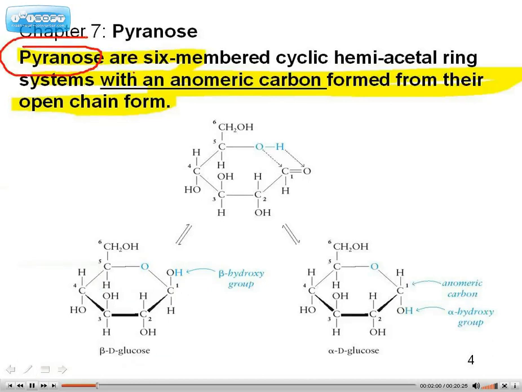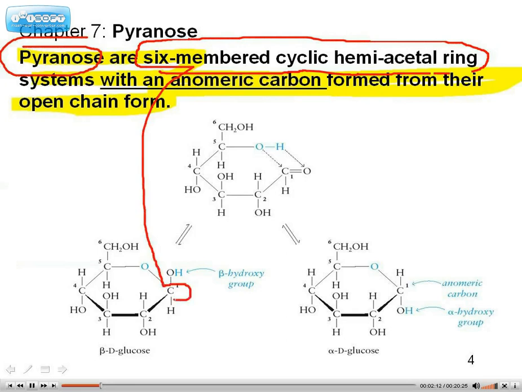Pyranoses are just a general category of six-membered cyclical hemiacetal rings. So if the brand new anomeric carbon is a hemiacetal and there are six atoms in the ring itself, including the oxygen, then it's a pyranose, or some people call it a pyranose.